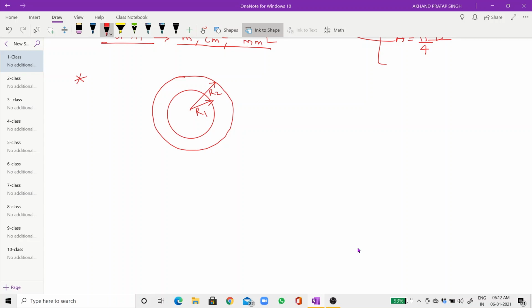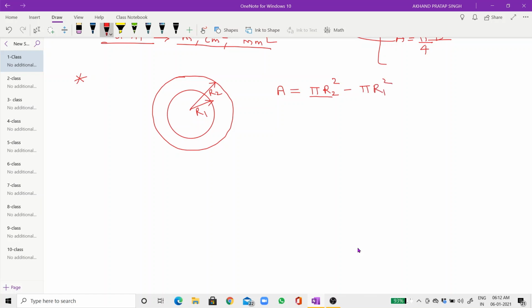So how to write the area? The area is equal to pi r2 square. Suppose this is the big area. The outer circle area is bigger than the inner circle area. That's why we write the outer circle area first, pi r2 square, minus pi r1 square, the inner area.